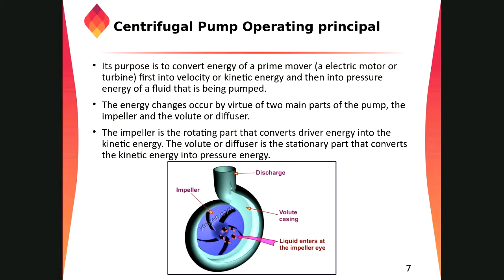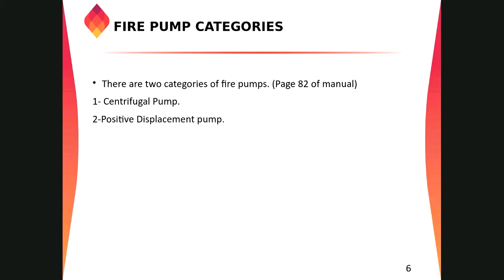Mr. Rafi, which one is used for fire trucks? Fire trucks use some type of displacement pump, or they use the centrifugal also. But when they need high pressure, they have to go with the positive displacement pump. Those pump requirements are not covered in NFPA 20.